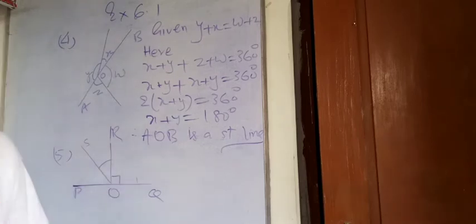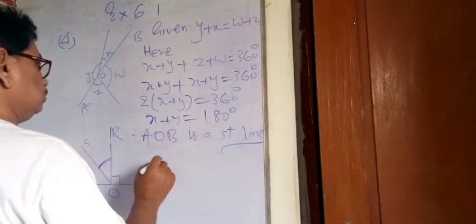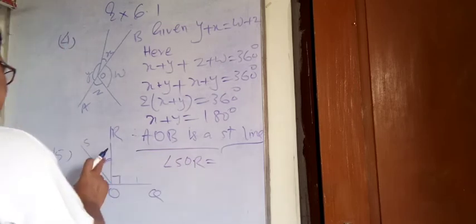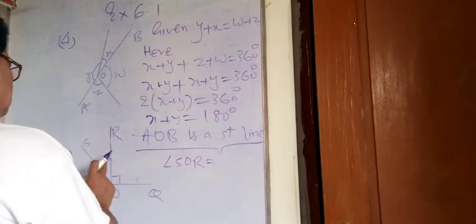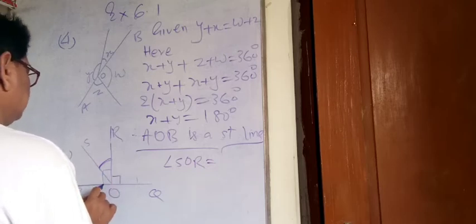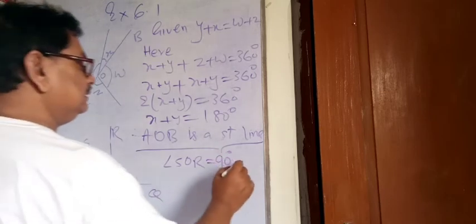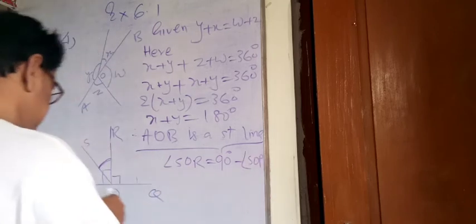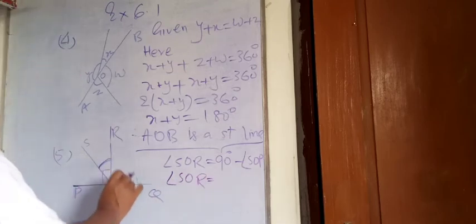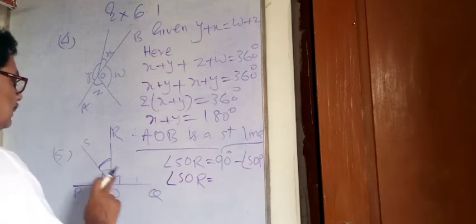Okay, what we will do, see, how can we do it? Actually, the value of angle SOR can be taken as 90 degree minus SOP, because this one is 90 degree. Also SOR, coming from this side, can be written as SOQ minus right angle.